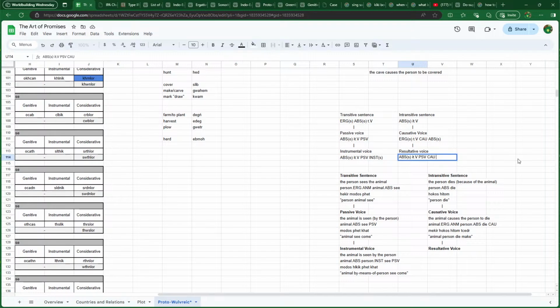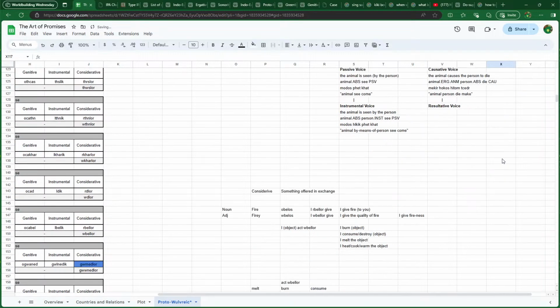Because the animal is seen by means of the person. So it would cause... okay. It's another type of instrumental, but now it's sillier.